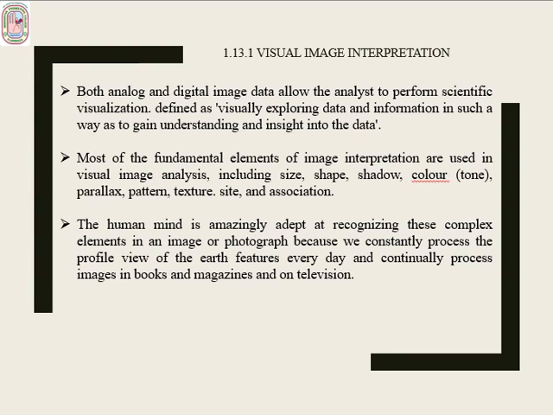For example, if anybody wants to use satellite data to count the number of trees from a given satellite image, they need to understand how a tree can be visualized from the satellite. That means the top view of the tree. The top view of the tree is like a circular color, since the crown of the tree looks like a circle, and the color and the shadow it can imprint in the image.